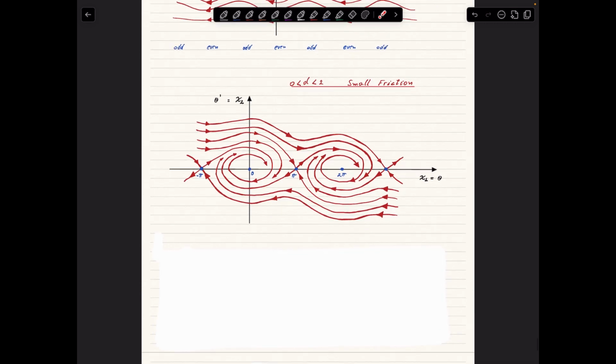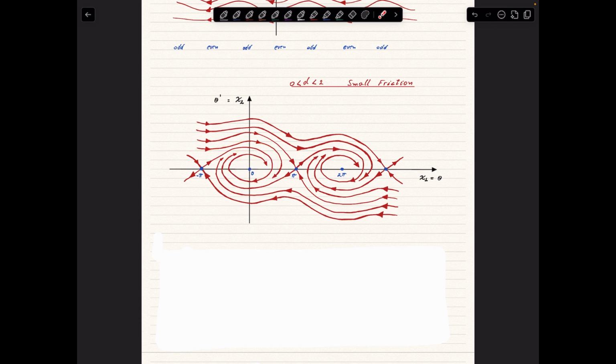Essentially, the pendulum goes over the top one or two times, and then starts oscillating back and forth, and stops. When the solution reaches the equilibrium solution in infinite time, it stops. And that happens on every critical point. At some point it's going to stop.